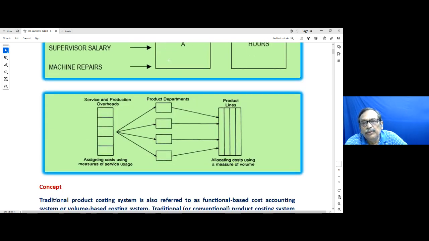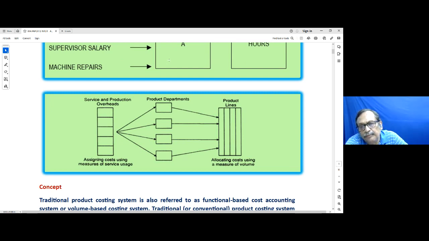Now, if we look at this other picture, in traditional costing we prepare the primary distribution, then the secondary distribution, and then service. First, we apportion the overhead cost to both production and service departments, and then we reapportion the service department cost to the production departments.